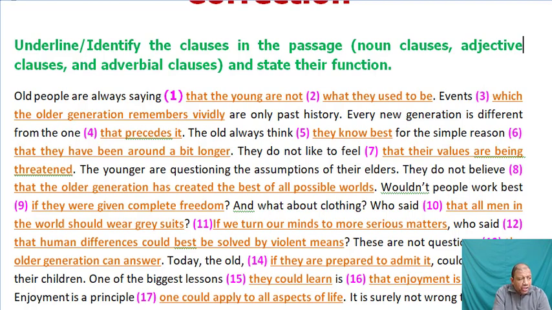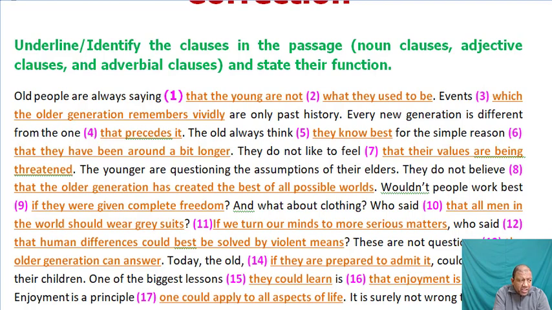Events which the older generation remembers vividly are only past history. So, which the older generation remembers vividly, this is a restrictive adjective clause. Because here, which refers to the antecedent, which is events. And no use of comma automatically means restrictive.